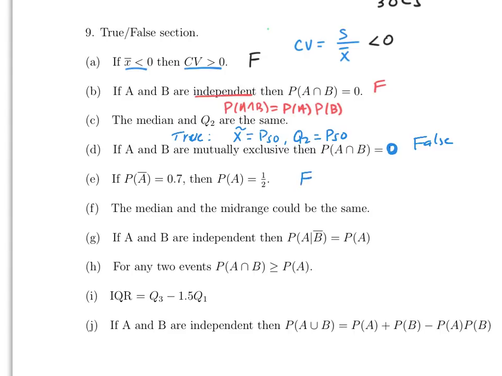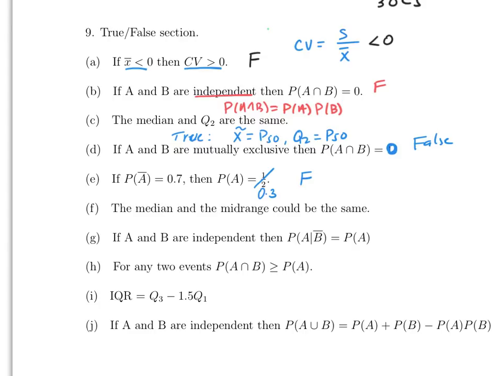This is false. What will make this true? Well, if this was 0.3, because remember, this plus that has to equal 1, and 0.5 plus 0.7 is 1.2, so therefore this is false.